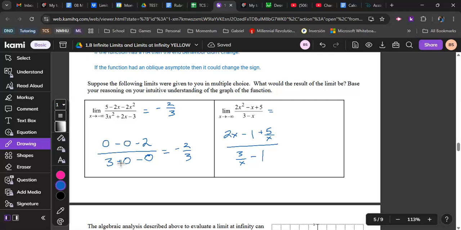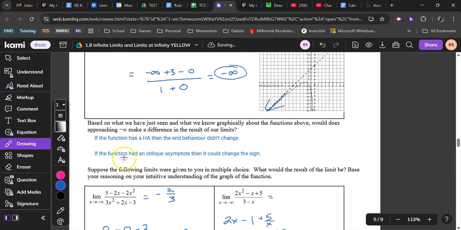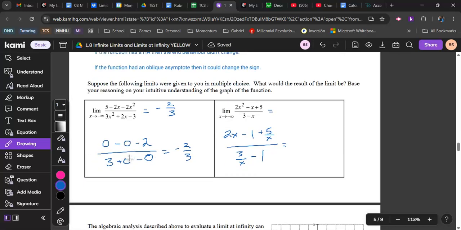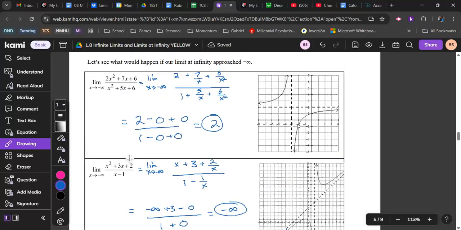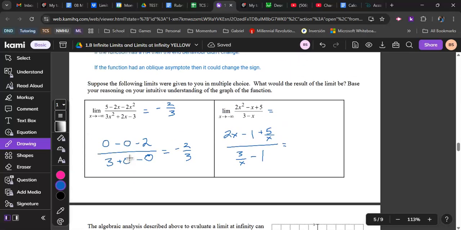And so we get that. So this is 0. Remember, this is the one that had the oblique asymptote. Wait, was it? Yes, it was. It's a different one, but it still has an oblique asymptote. I just thought it was the same one, but it is different.